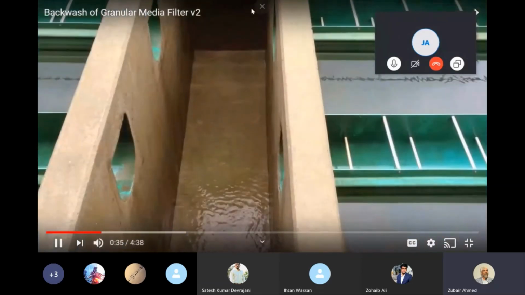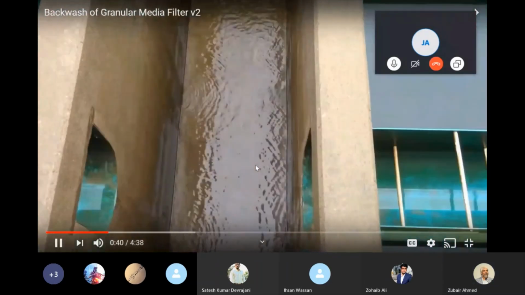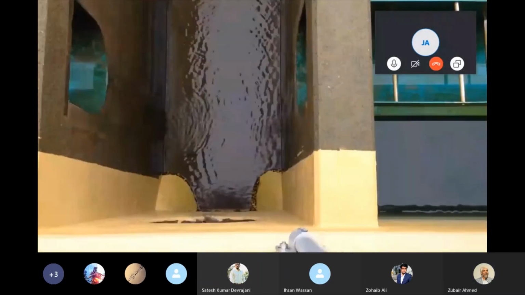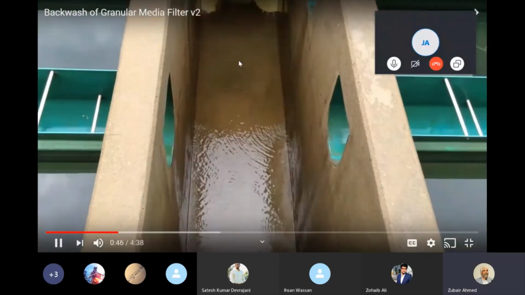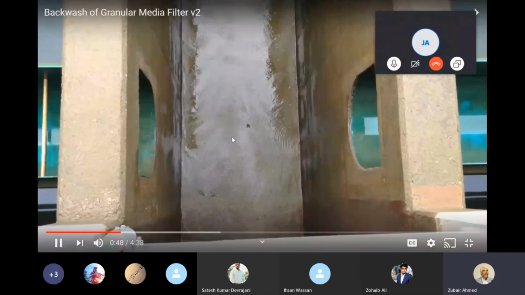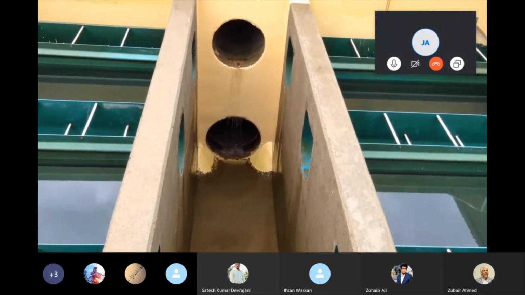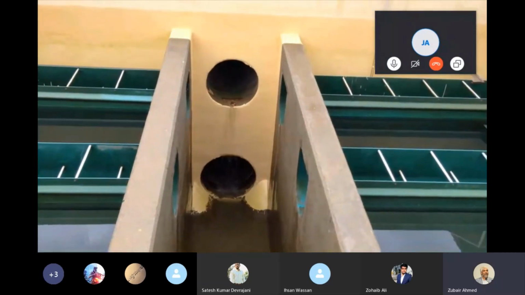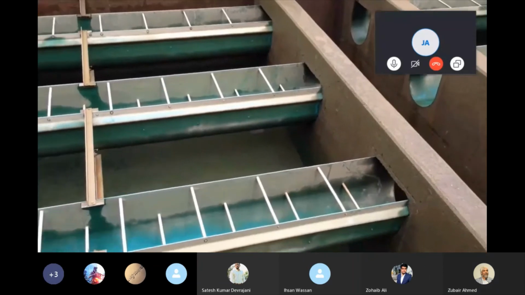So water will come into the gullet. See here, the water is withdrawn.